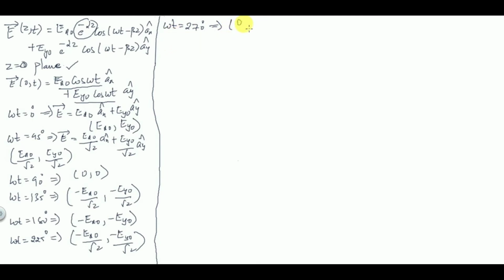So it will be 0 comma 0 again. And omega t is equal to 315 degrees, so it will be Ex naught by root 2, Ey naught by root 2. When omega t is equal to 360 degrees, cos 2 pi value is 1, so it will be Ex naught, Ey naught again.